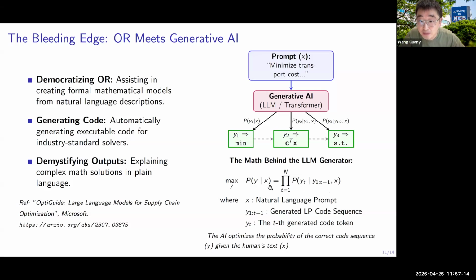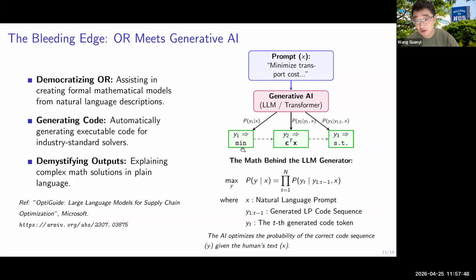Every time we want to generate a new word, for example y3, we first need to put in the prompt as the very high-level information, the task that the language model needs to know. It also needs to check what it generated previously.